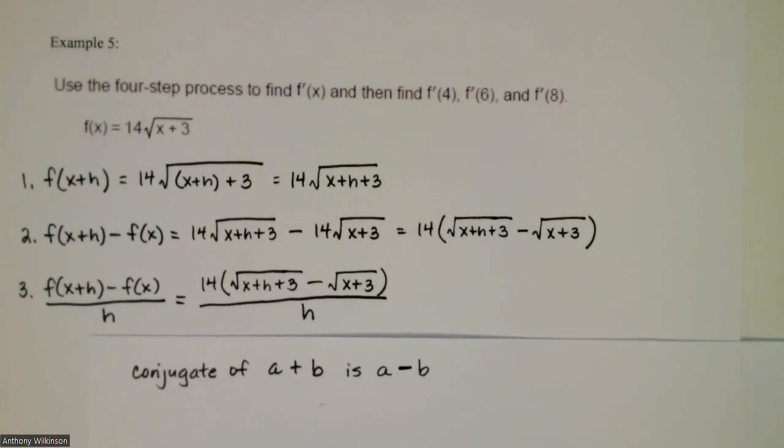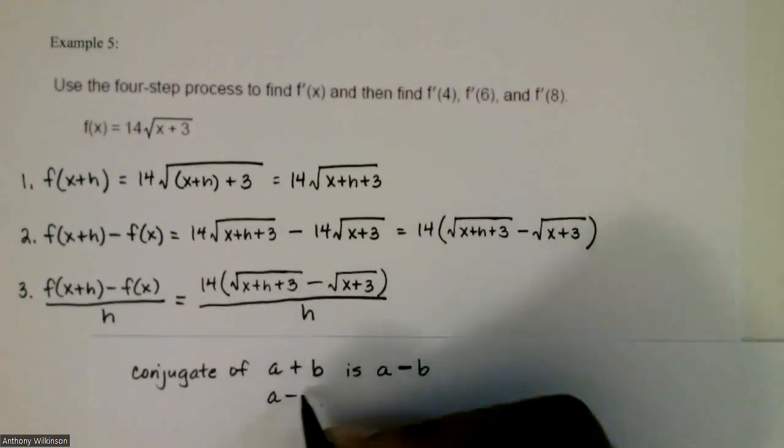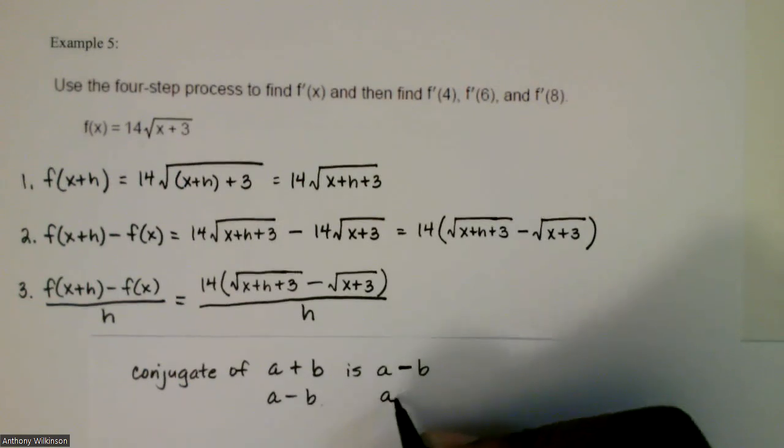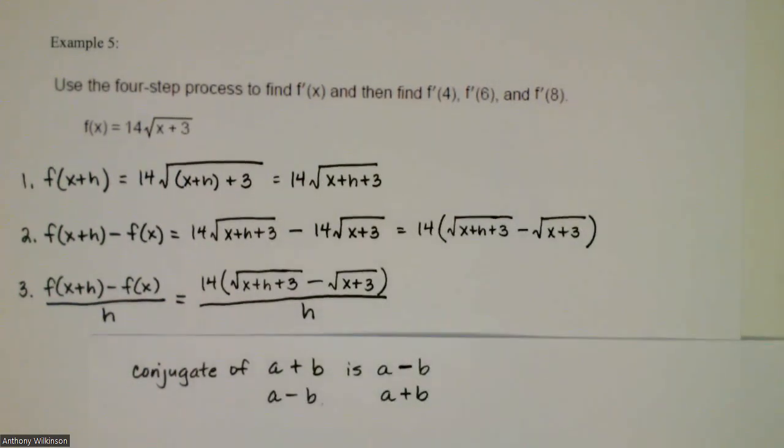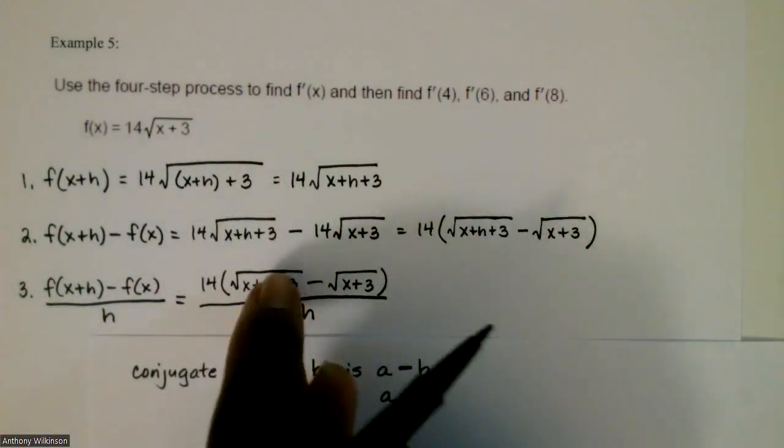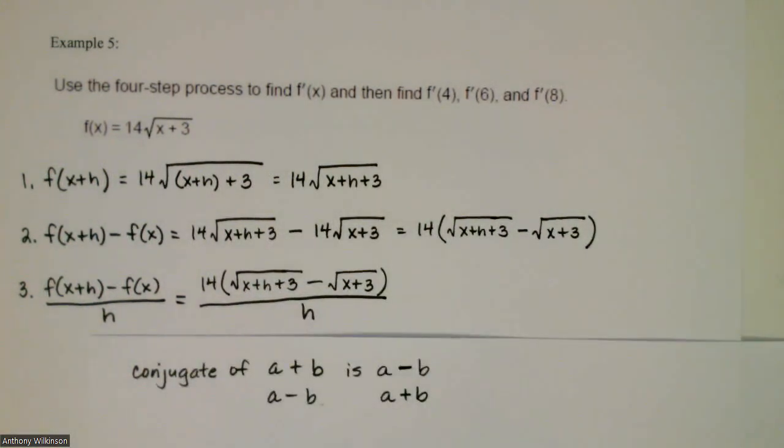And this works the other way around. So if you have A minus B, its conjugate would be A plus B. So this is what I'm going to do in this problem. I'm going to multiply the numerator and the denominator by the conjugate of this right here, because what I want to do here is get a sum and a difference of two terms.